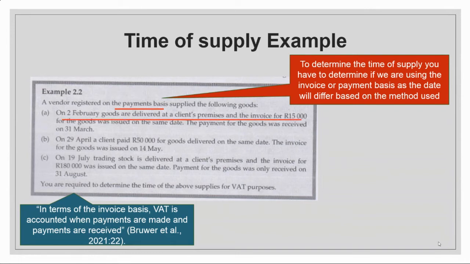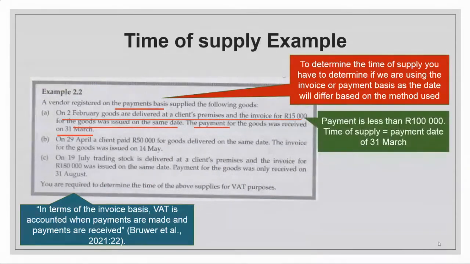Okay. Now, on the 2nd of February, goods were delivered at a client's premises and the invoice was for 15,000. So on the 2nd of Feb, we've had our invoice for 15,000. The goods were issued on the same date. The payment was only received on the 31st. So in this case, because the amount's less than 100,000, your time of supply would be your payment date, which is the 31st of March.